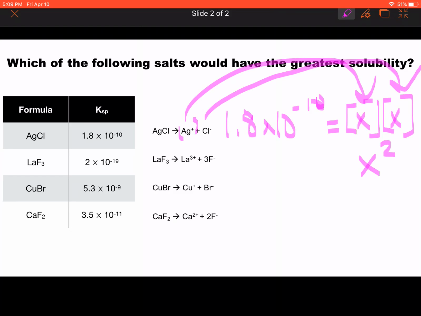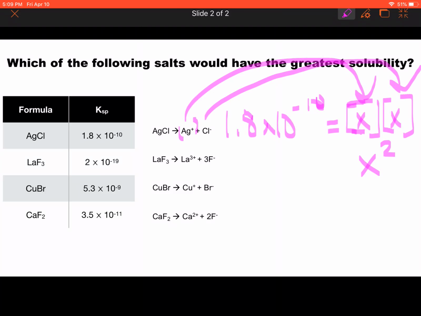So to determine the solubility, X in terms of solubility, we call it molar solubility. It's kind of like the concentration, so the units are in molarity. But instead of calling it the concentration of our ions, we're looking for the solubility of our ions. So when we solve for X, we help to determine its solubility.